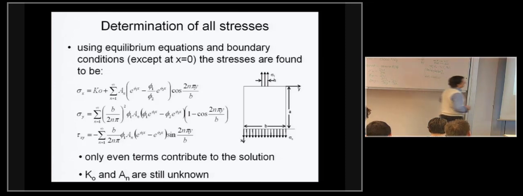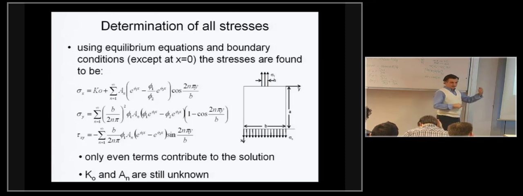Notice that when I do that and I check for my boundary conditions, if y, let's look at sigma y here, if y equals 0, then I get 1 minus 1 is 0. Sigma y is 0 at y equals 0 on this edge, which it is. And if y equals b, then cosine 2n pi is again 1. 1 minus 1 is 0 again, so it's 0 at the other edge.